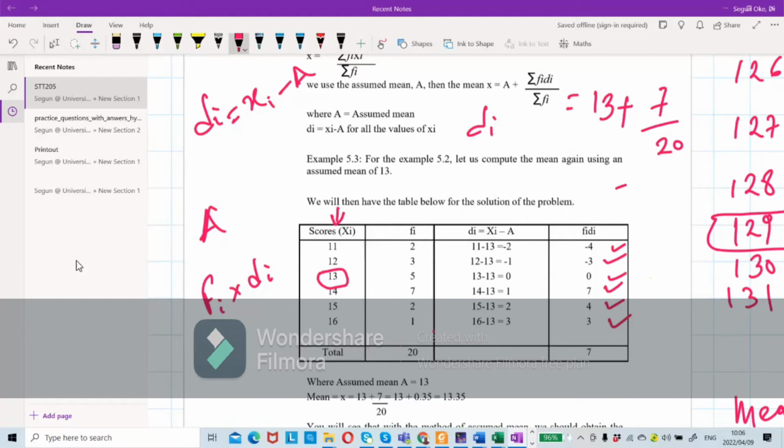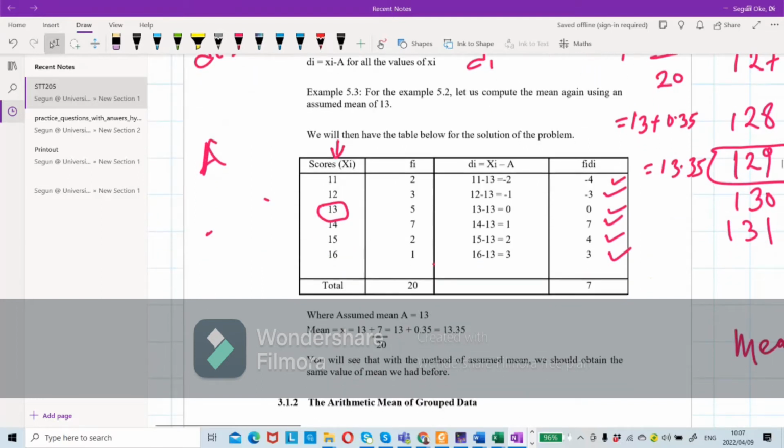What do you have at the end of the day? 13 plus 7 over 20. Don't add this one together. You need to first of all deal with division first, BODMAS. 7 over 20 is 0.35. 13 plus 0.35 is 13.35. That is it.